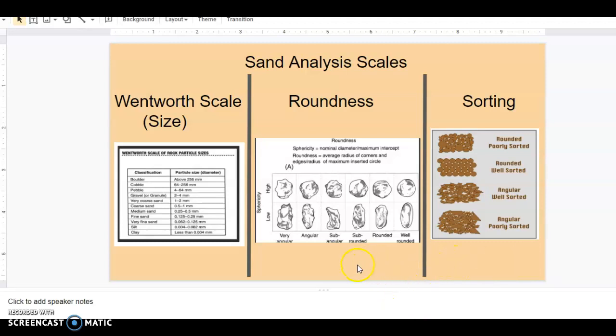What I want to draw your attention to with the roundness is, see how angular these rocks are? As you're moving through angular, sub-rounded, you're moving towards rounded.